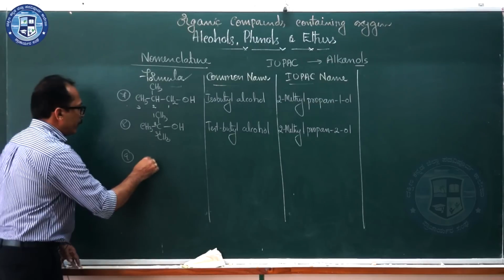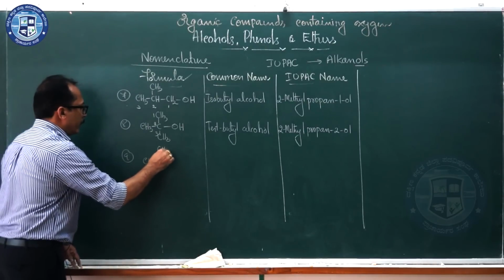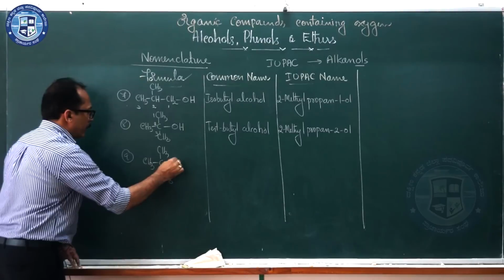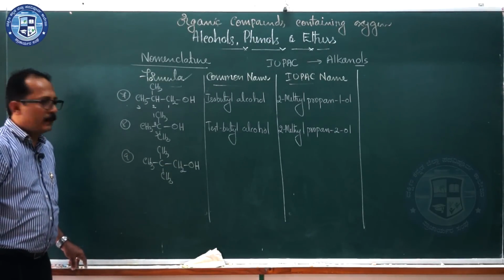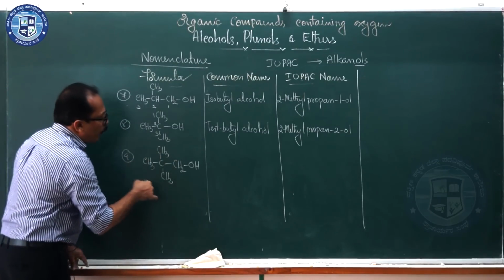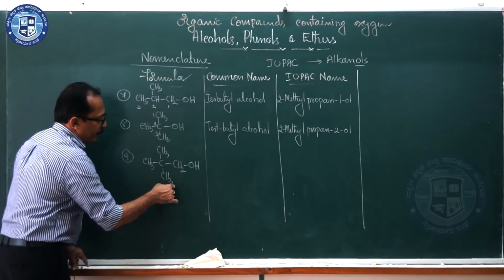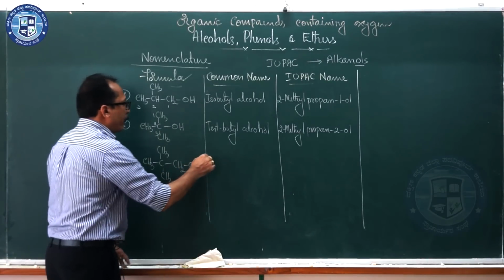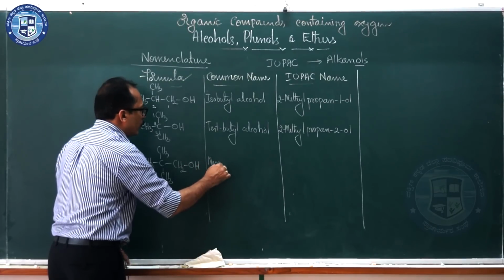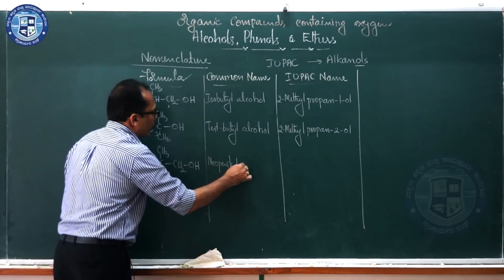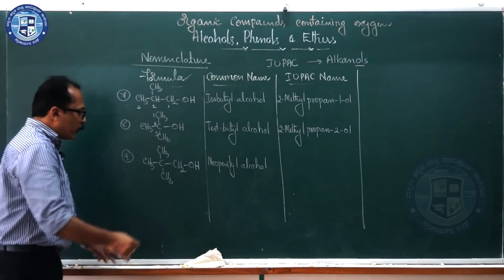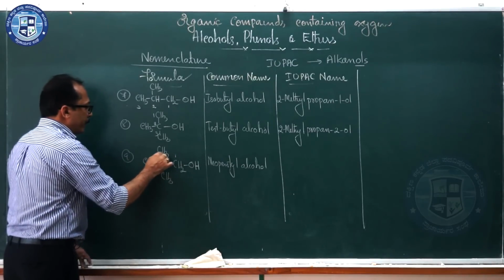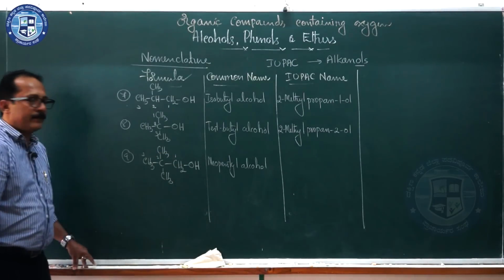Similarly, we'll go for one more compound. Here there are 5 carbon atoms. This is a derivative of neopentane, the neopentyl group. So the common name is neopentyl alcohol. IUPAC name for this compound: this is the first carbon, second carbon, third carbon.